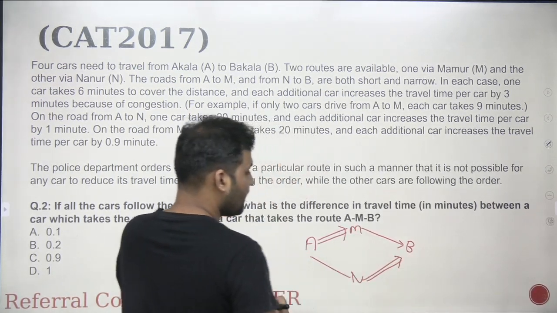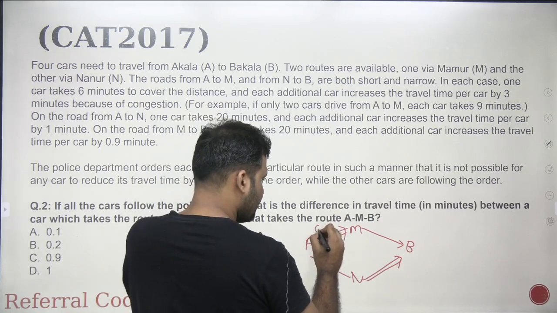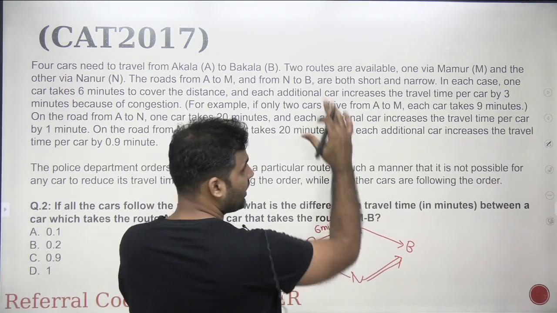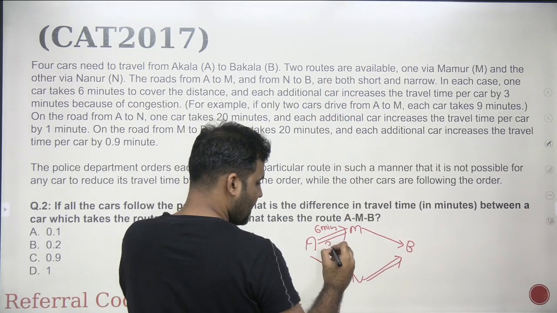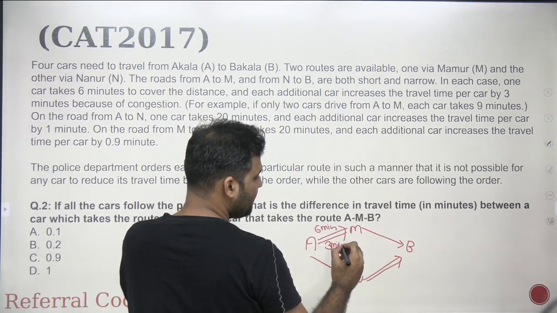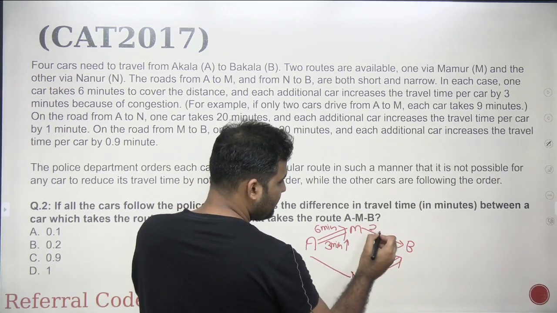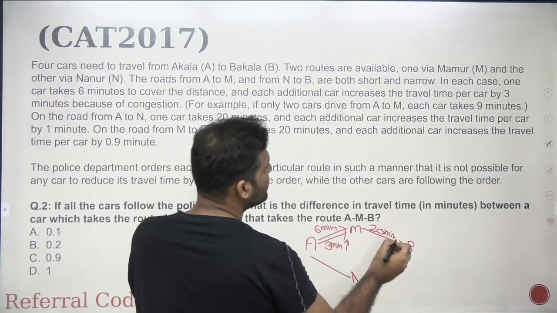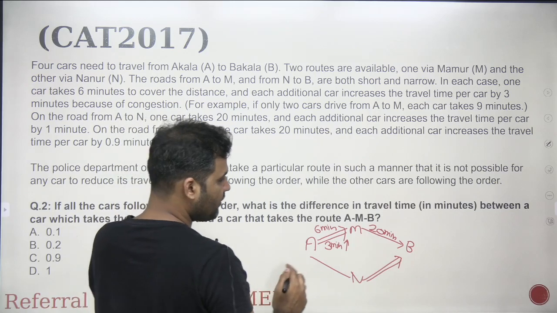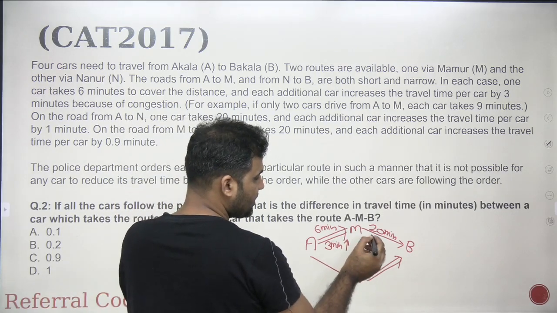A to M, the travel time is 6 minutes. It's mentioned that every additional car increases the travel time by 3 minutes. M to B, the time given is 20 minutes, and every additional car increases the time by 0.9 minutes. You can read it from the instruction part; we have already covered it in the previous session.